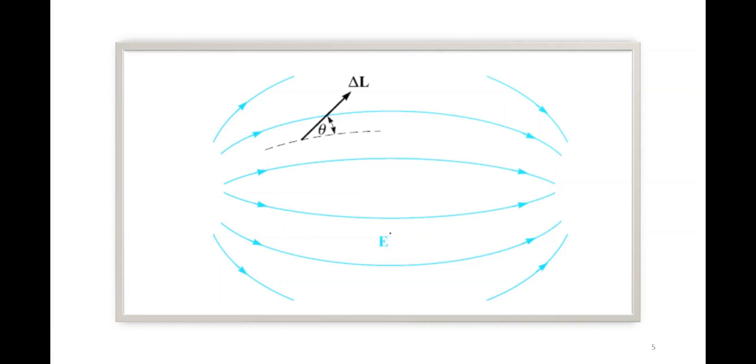But we are going to see the potential variation at a very small scale, that is for a differential length.